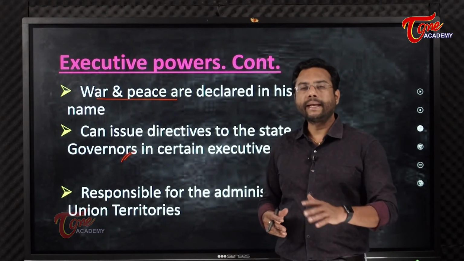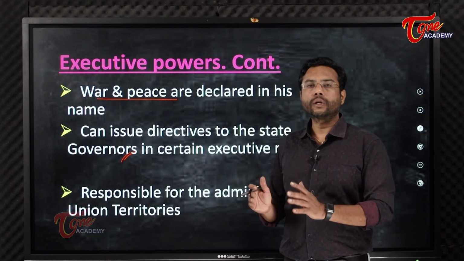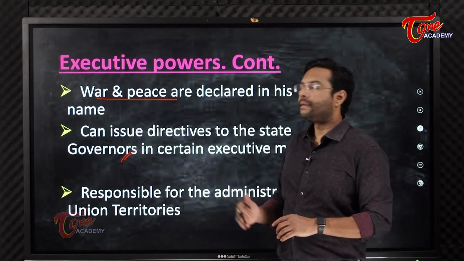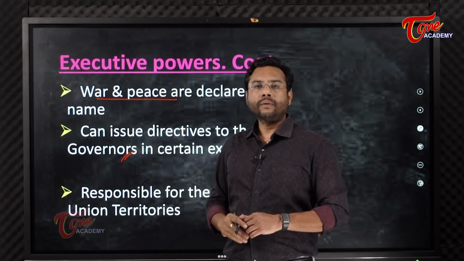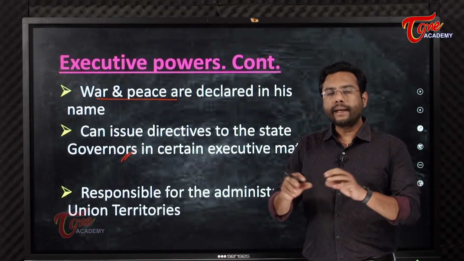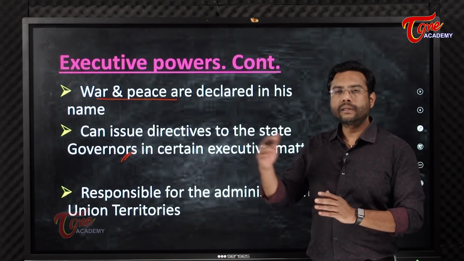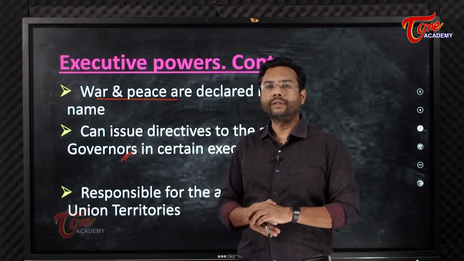If there is any breakdown of the Constitution or breakdown of law and order or peace in the state, then the governor would represent to the President, saying that the directly elected assembly is functioning other than the constitutional boundaries.